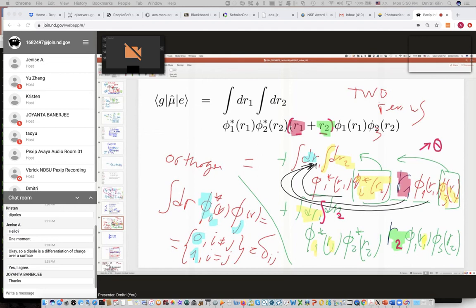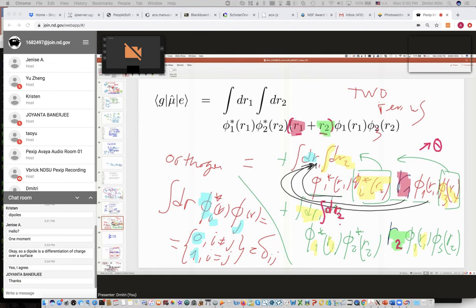If I perform integration over these yellow things, the integral over R1 of phi 1 R1 phi 1 R1, I will get 1, which means I can forget about all these yellow highlighted things and focus only on the integral over dR2.